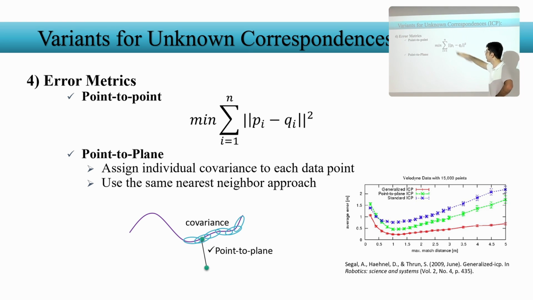Instead of point to point matching, we can assign an individual covariance for each point to the plane of the other cloud. If I pick one point, I can find the error not only to one point, where maybe I have lots of error. I can calculate the error based on this plane, not just one point.